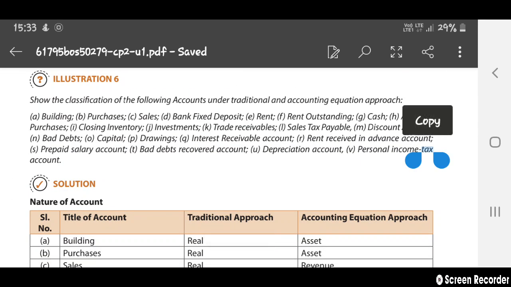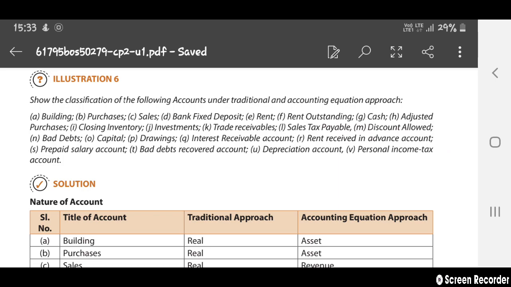Next, in the 6th illustration they have asked, we have to classify the following accounts under the traditional and accounting equation approach: building, purchases, sales, bank, fixed deposit, rent outstanding, cash, adjusted purchases, closing inventory, investment, trade receivables, sales tax payable, discount allowed, bad debts, capital, drawings, the money we are drawing out, interest receivable accounts, rent received in advance account, prepaid salary account, bad debts recovered account, depreciation account, personal income tax account.